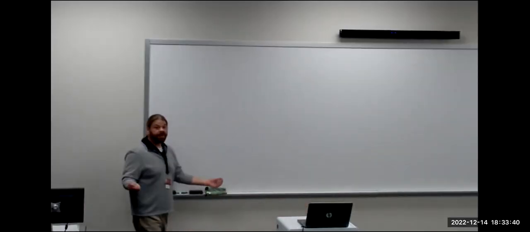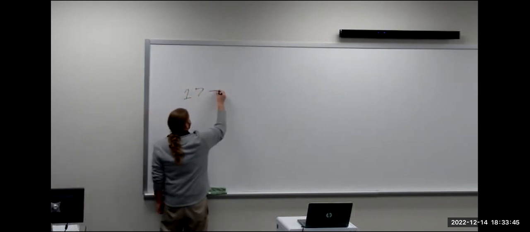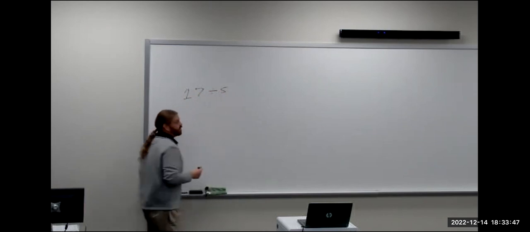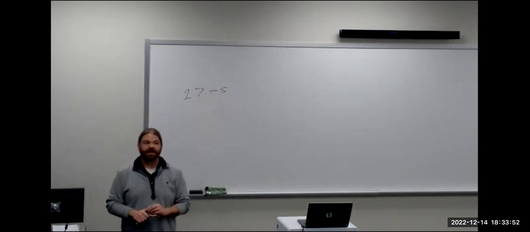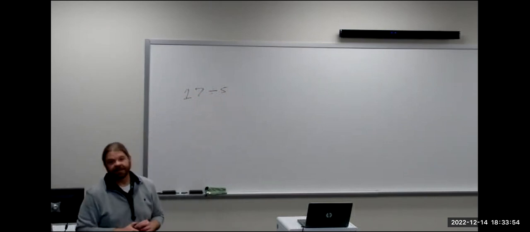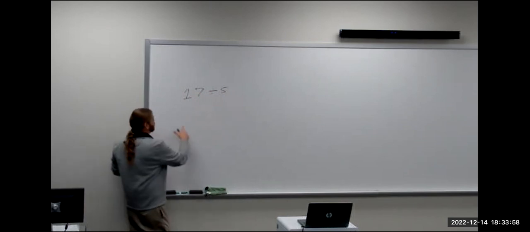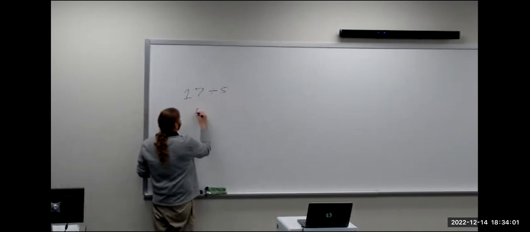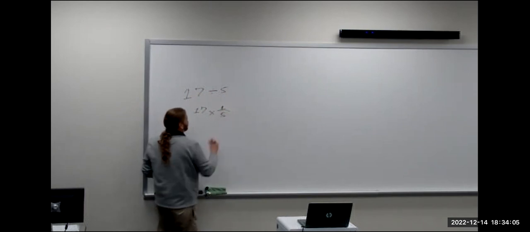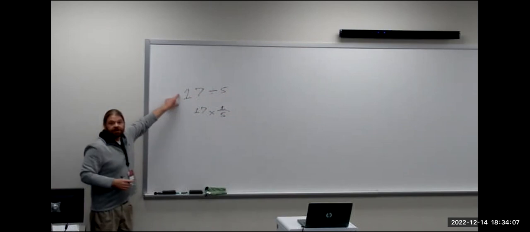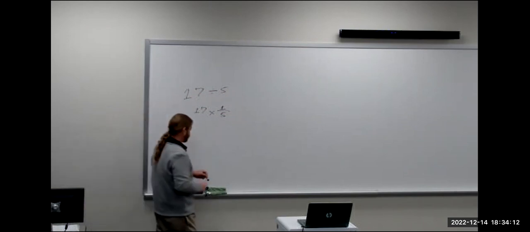As humans, we completely treat those as the same thing. 17 divided by 5, division, which you've seen at least when your elementary school teacher was showing you how to work with fractions. Division means multiply by the reciprocal. So 17 divided by 5 is the same as 17 times the reciprocal, or 1 over 5.